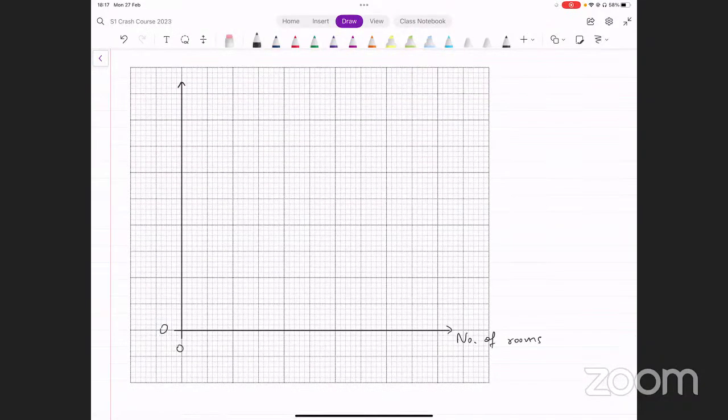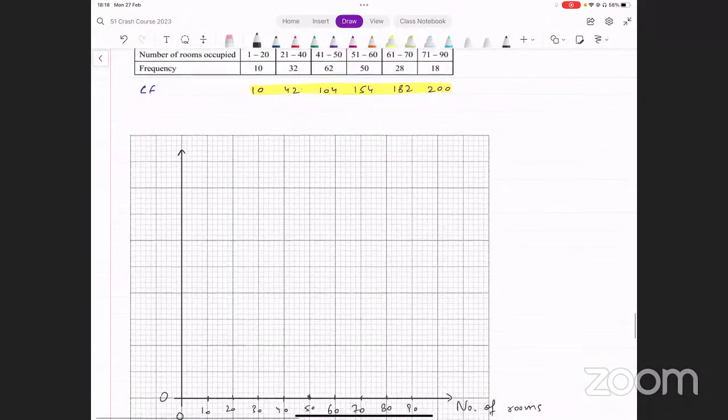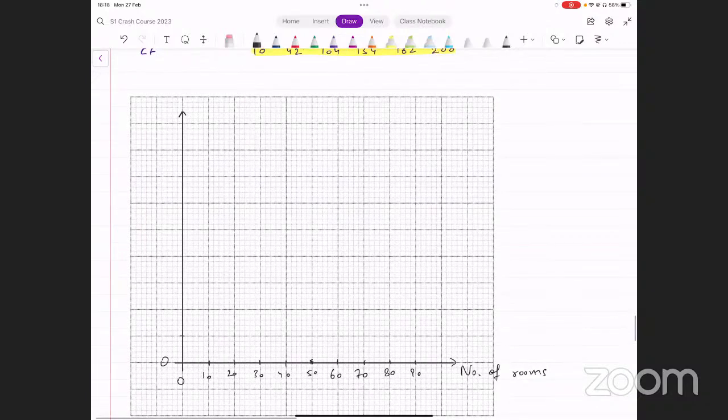On the horizontal axis, we could have 0 here, then 10, 20, 30, 40, 50, 60, 70, 80, 90. And on the vertical axis, we need values up to 200. So we could have a scale like this here, 20, 40, 60, 80, 100, 120, 140, 160, 180.